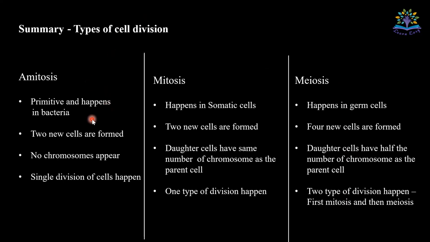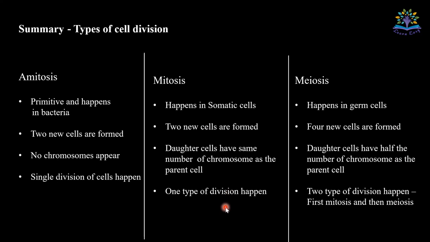Amitosis is primitive and it happens in unicellular organisms like bacteria. 2 new cells are formed and no chromosomes appear. It is a single division of cells to form 2 new cells. Mitosis happens in somatic cells of living organisms. 2 new cells are formed having the same number of chromosomes as that of the parent.